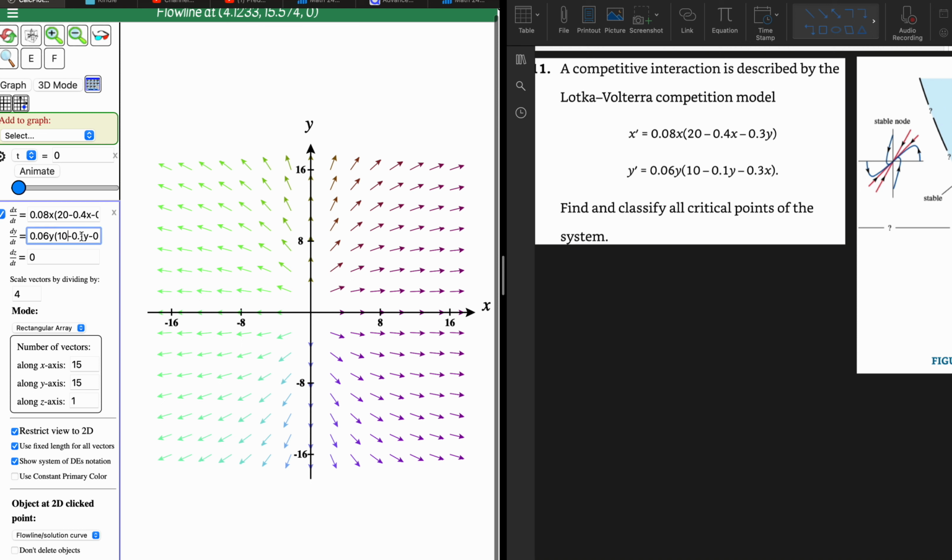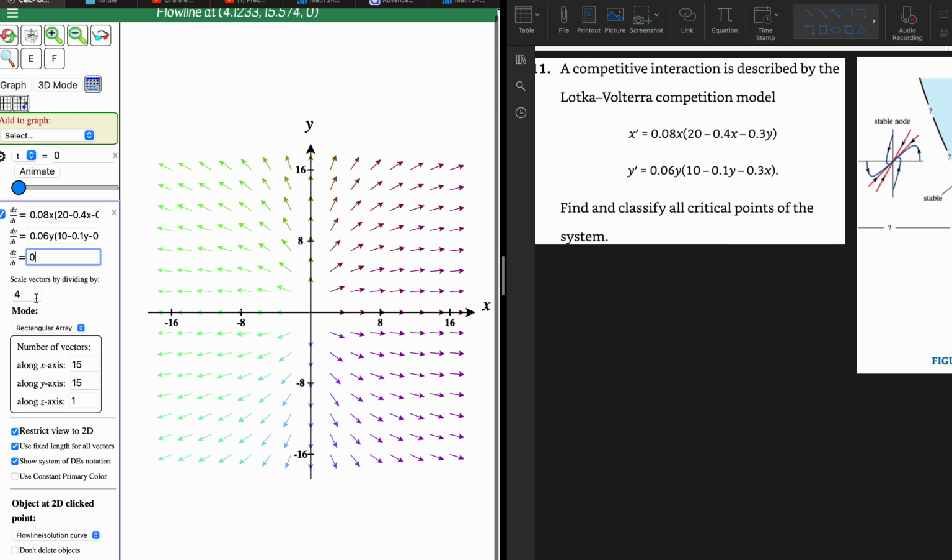And I wonder if I did something wrong, because I'm not seeing any of the points that we found. So let's see. 0.08 times x times 20 minus 0.4 minus 0.3y, and this one. And 0.06 times y times 10 minus 0.1y minus 0.3x.